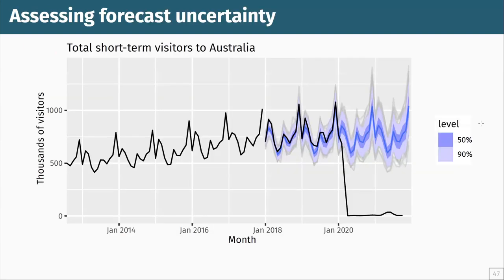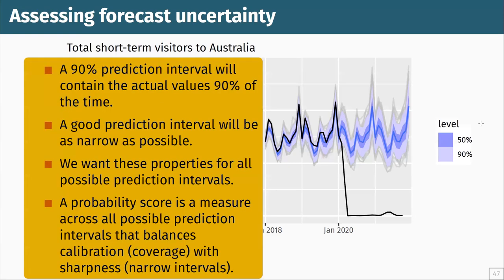So let me go back to the example I started with, where we had 50% and 90% intervals, and we had some data that did well for a while and then didn't do so well. So in principle, a 90% prediction interval should contain the actual values 90% of the time. So you just look at whether those 90% intervals contain 90% of the values.